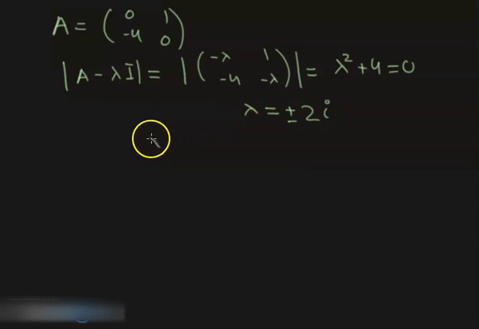So I have two eigenvalues: lambda 1 is 2i and lambda 2 is minus 2i. So these are complex, and previously when we were developing the theory, we realized that we will only consider one eigenvalue and find the corresponding eigenvector.